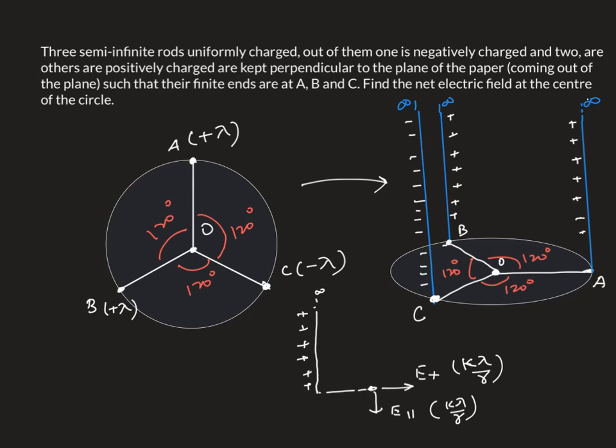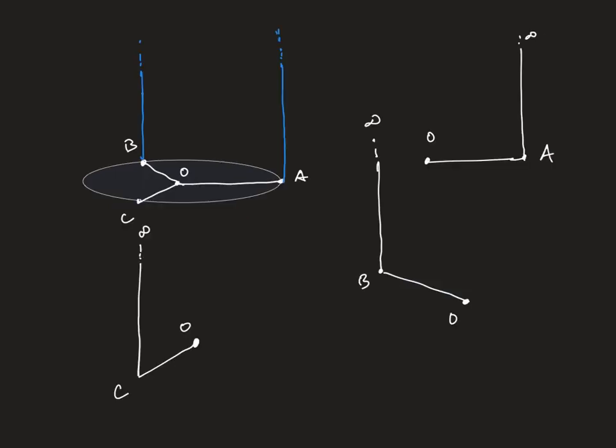So now we want to find out the field at point O, and we should change the page. So I've changed the diagrams and you will see this here. These are your 3 infinite wires, A, B and C. Let me draw this in red because there will be confusion.